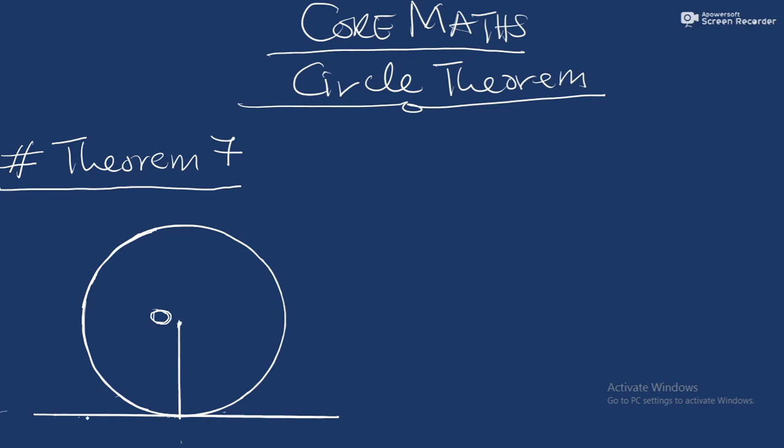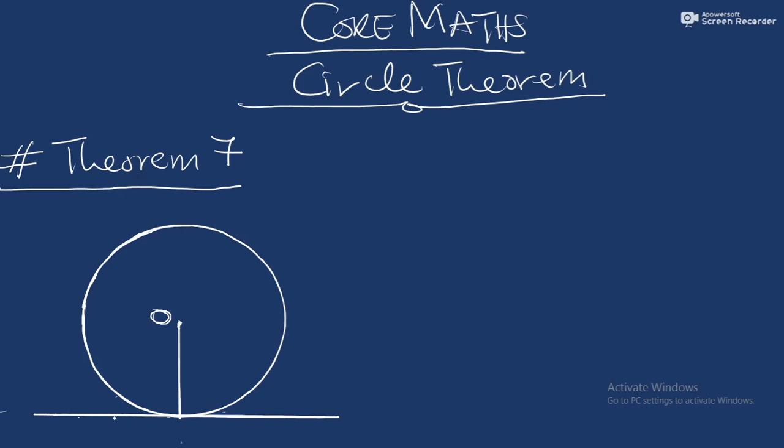Now, what's the name of this line? If you said tangent, you are right. So this line is a tangent to this circle, because it touches the circumference of the circle at only one point.